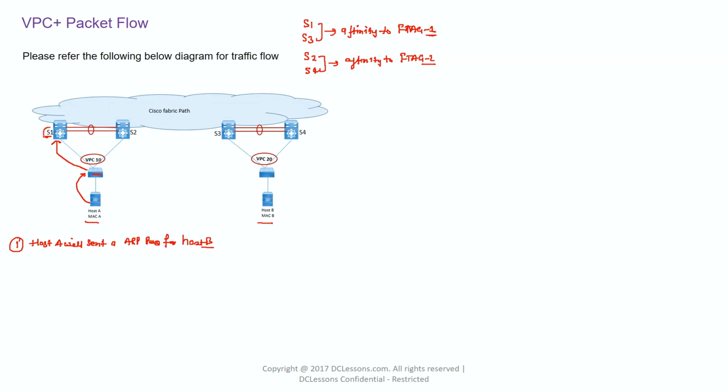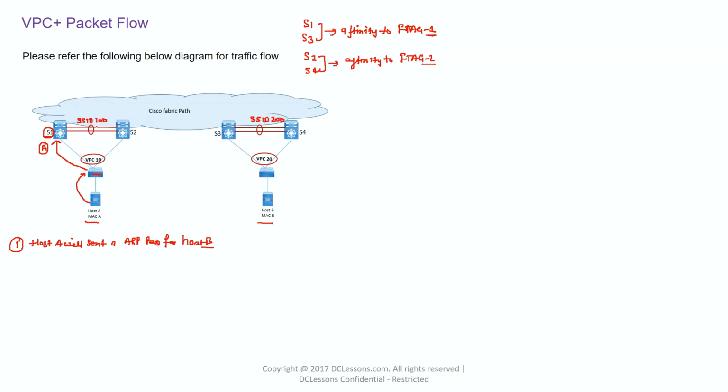Now once switch 1 has received this packet, the MAC address of host A is learned here, right? Let's suppose it has SSID 100 configured. Here also SSID 200 is configured, right?